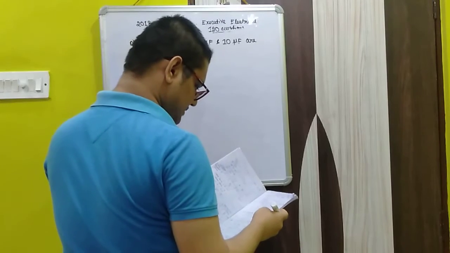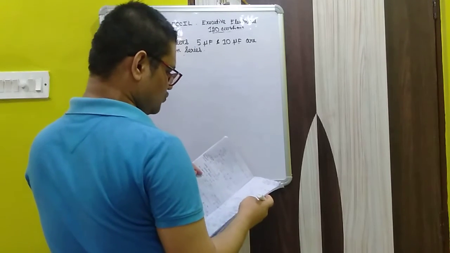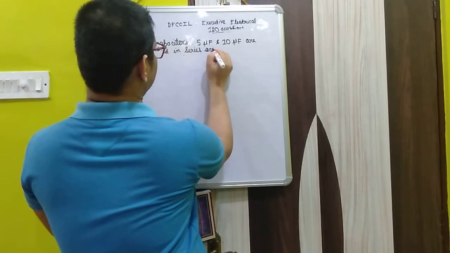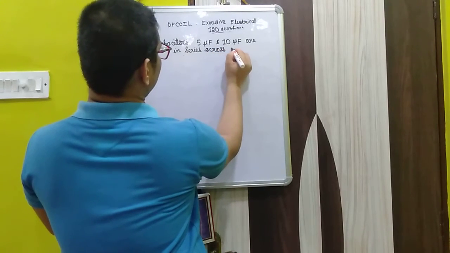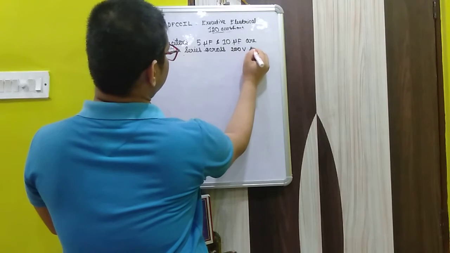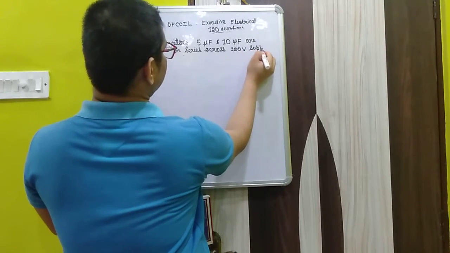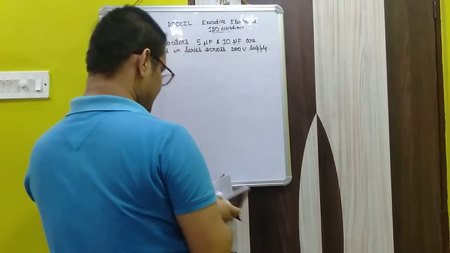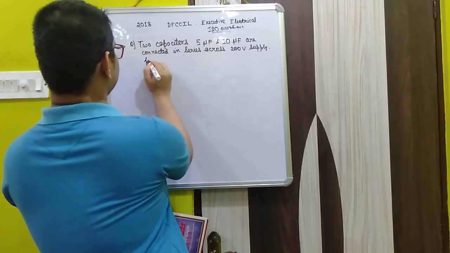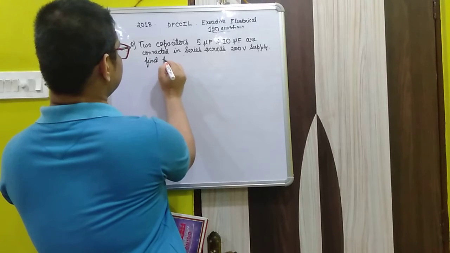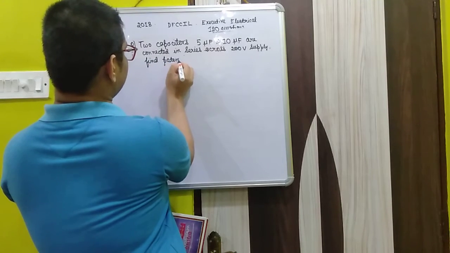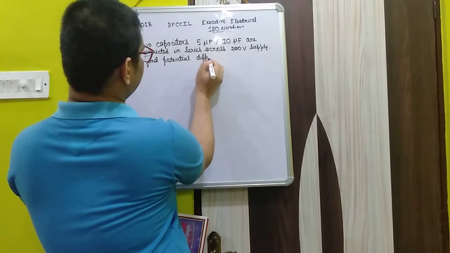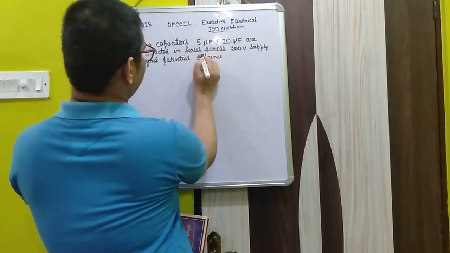Now, what is the next part of the question? What we have to find here is the potential difference across the capacitor.